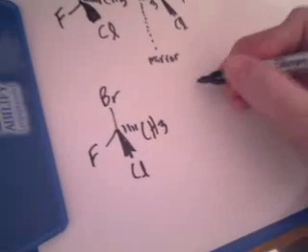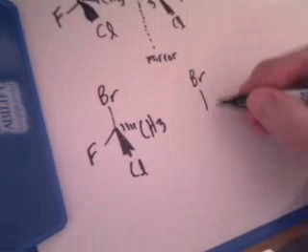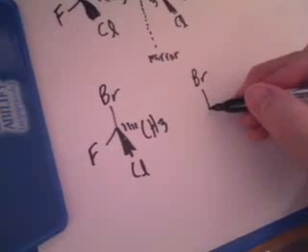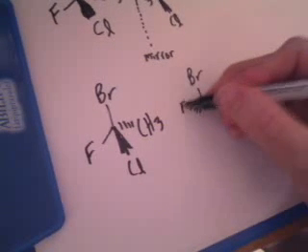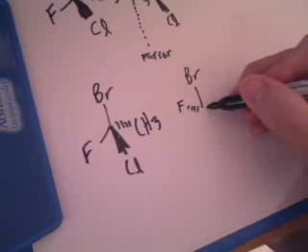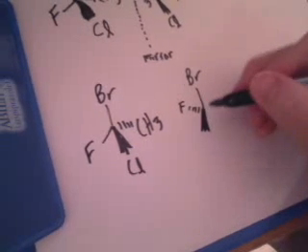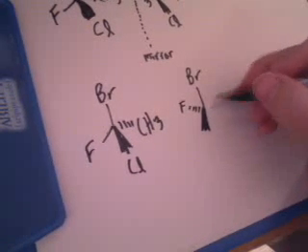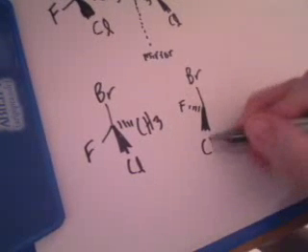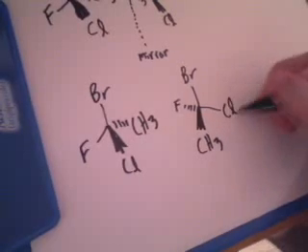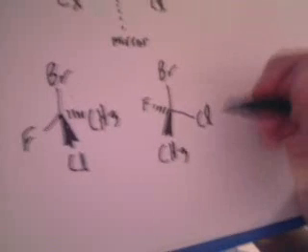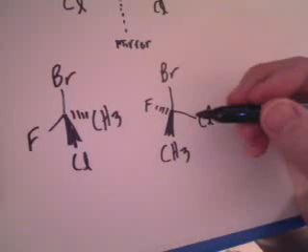So you're given one molecule, and then you'll be given another molecule that looks like, let's see, fluorine, we'll say it goes backward. We'll say CH3 is forward, and our Cl is over here. So we'll have those two molecules right there. And the question will be, what are they? Are they identical? Are they stereoisomers?